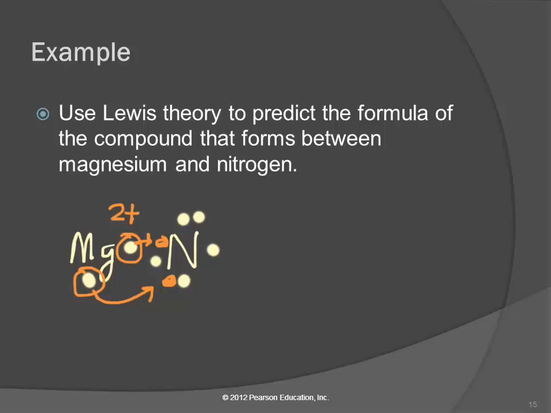No. Magnesium's good. Magnesium says, hey, thanks, I'm good now. And the nitrogen's like, wait a minute, I need another electron. So we have to bring in another magnesium with 2 valence electrons.